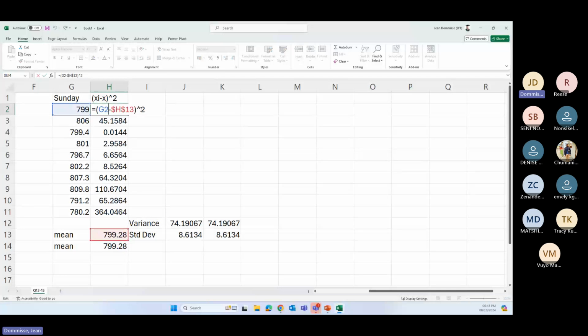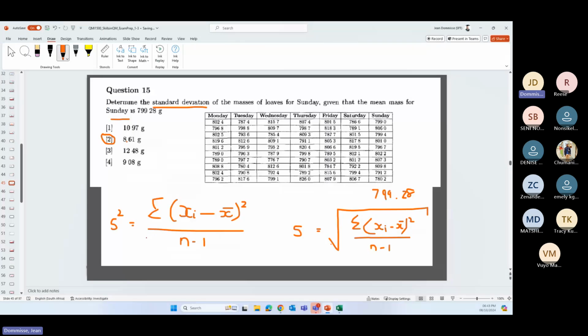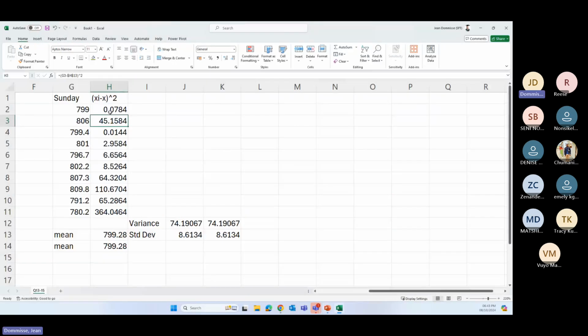So that was basically doing this part of the equation. Then I needed to do it for all 10 of them.